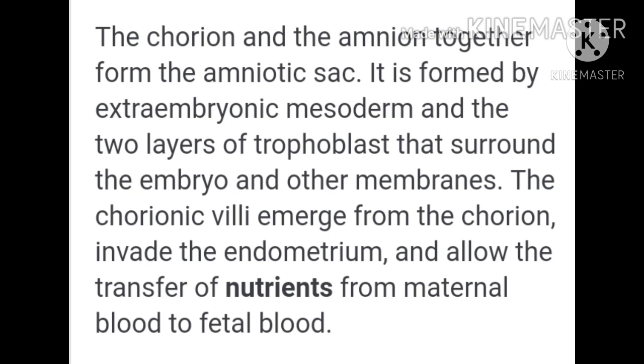The chorionic villi emerge from the chorion, invade the endometrium and allow the transfer of nutrients from the maternal blood to fetal blood. So the main function of the chorion is providing a facility for nutrients.